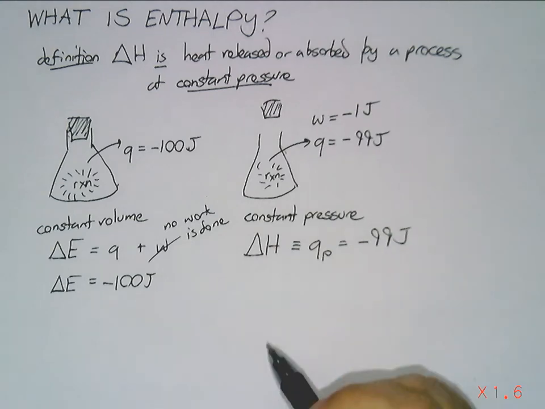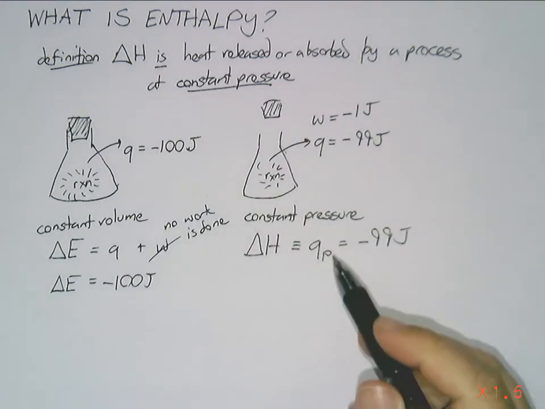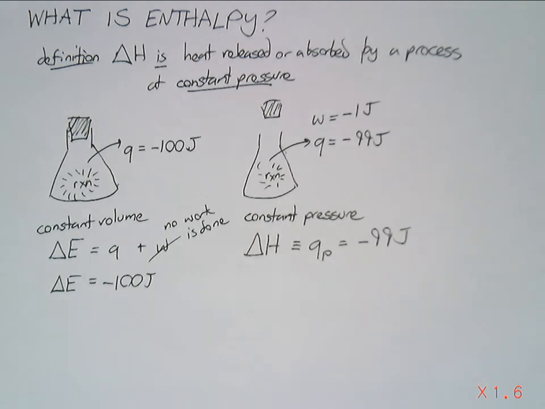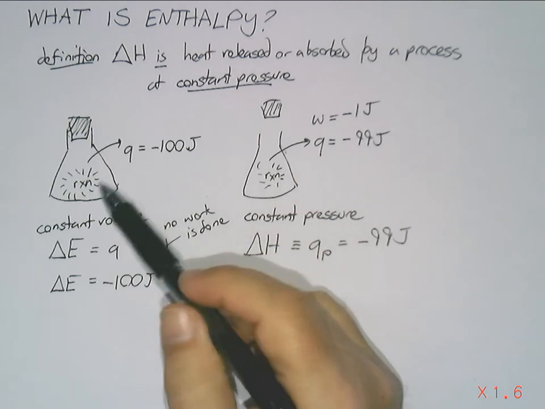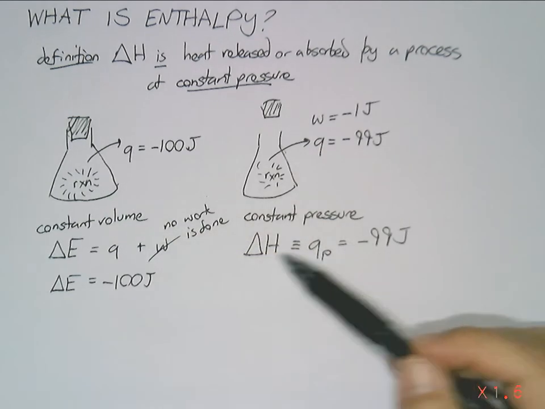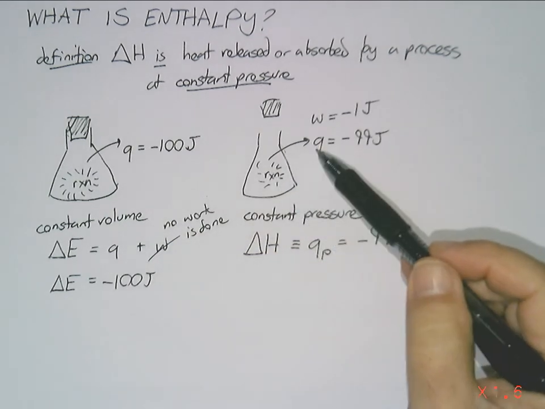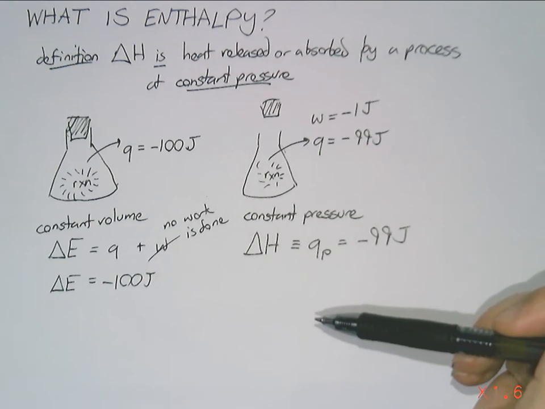So this is just a simplification using enthalpy change rather than energy change. And this really is the difference between the two. This would be a good essay question on a test. What is the difference between the enthalpy change and the energy change? And you would say the energy change is the amount of heat you get at constant volume. The enthalpy change is the amount of heat you get at constant pressure.